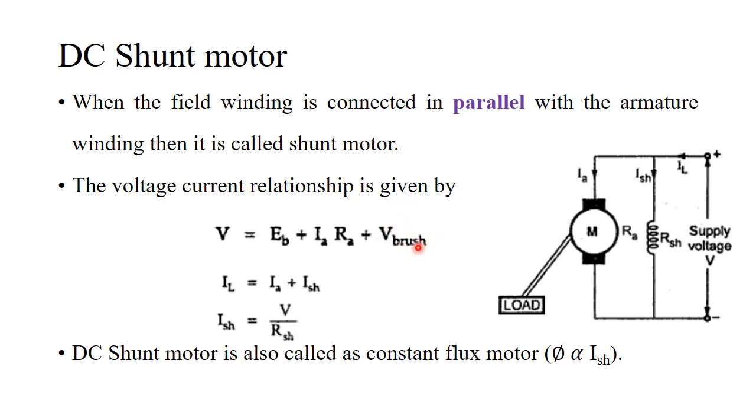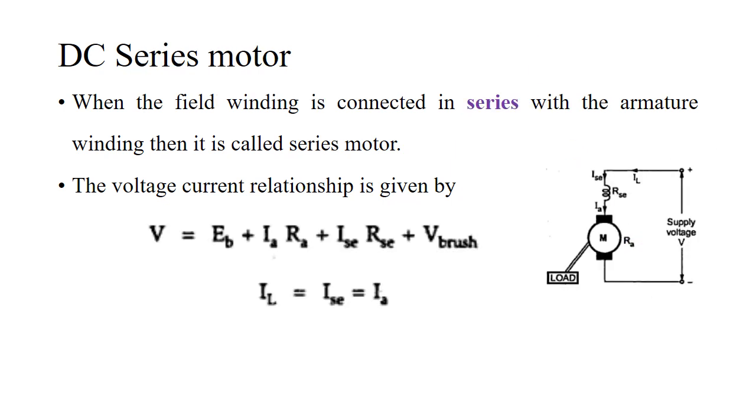This will be negligible. This is the voltage equation of the DC shunt motor, and this is called a constant flux motor, as the flux is directly proportional to the shunt current. It is not going to change, therefore it is called a constant flux motor.